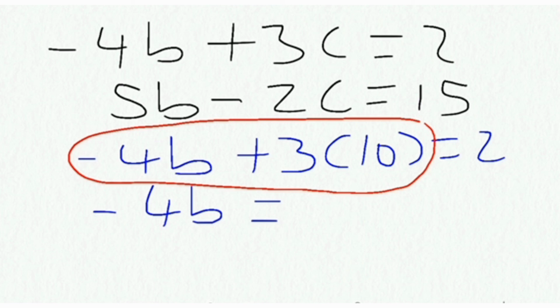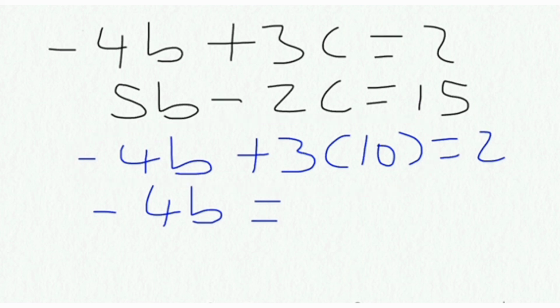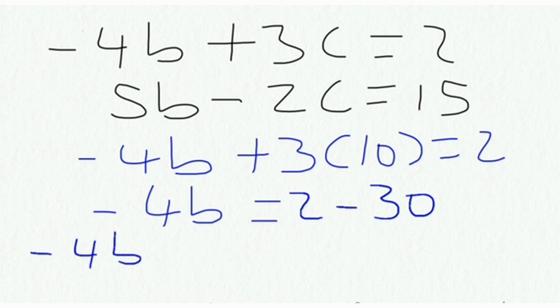And look at the sign between b and 30, it is addition, and the opposite of addition is subtraction. So I have to subtract 30 from both sides of the equations. 2 minus 30, that's going to be negative 28, so negative 4b is equal to negative 28.